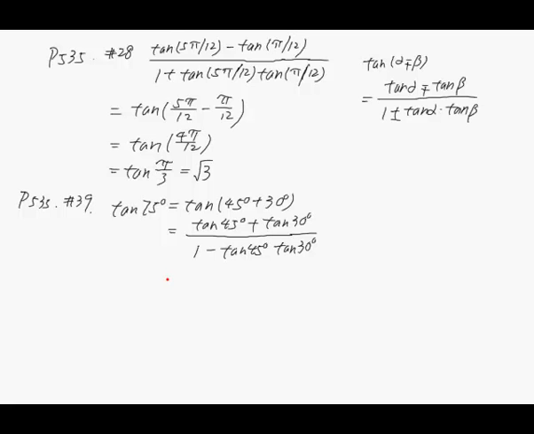So now, let's do this evaluation. Tangent 45 degrees is equal to 1, right? And tangent 30 degrees is equal to root 3 over 3. So now you have 1 minus 1 times root 3 over 3.